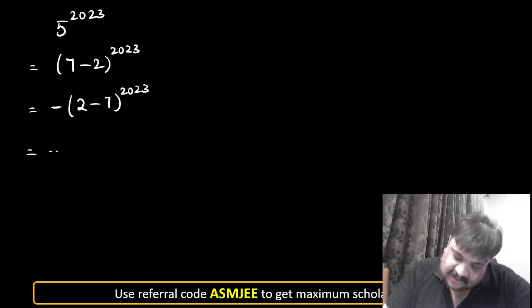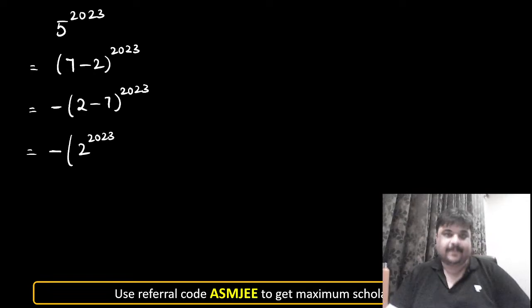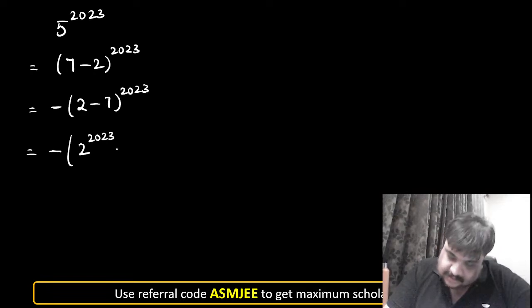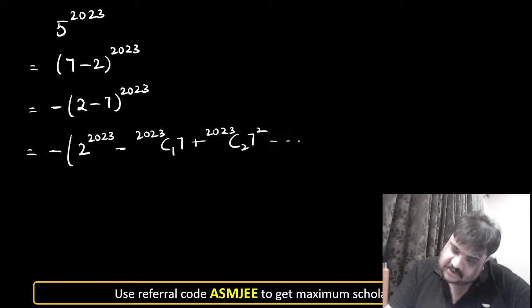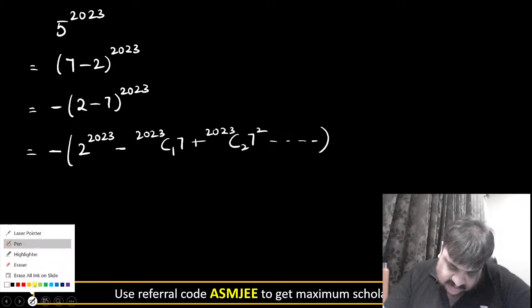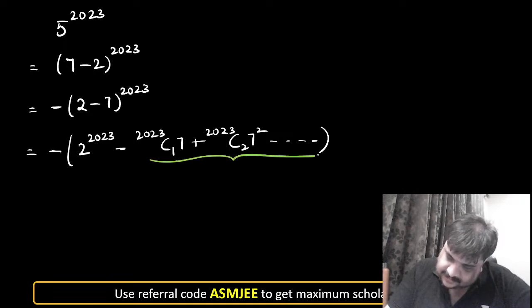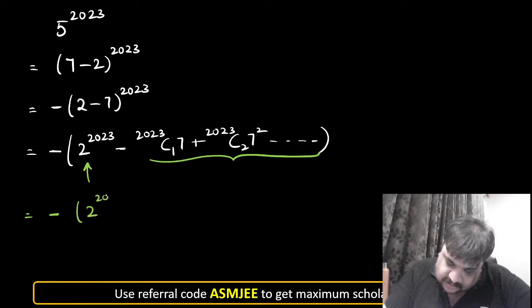So 2 raised to power 2023 minus 2023 C1 into 7 plus 2023 C2 7 square and so on. Now again all these terms have 7. So this is left, so minus of 2 raised to power 2023.